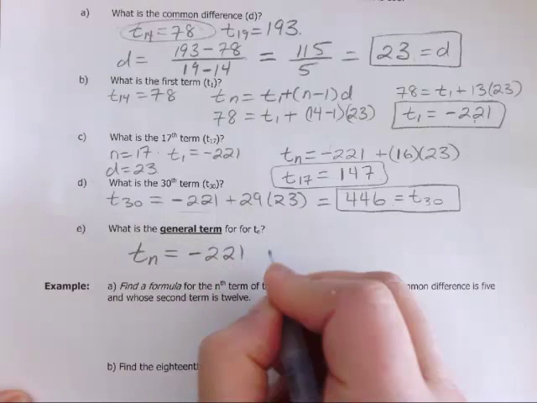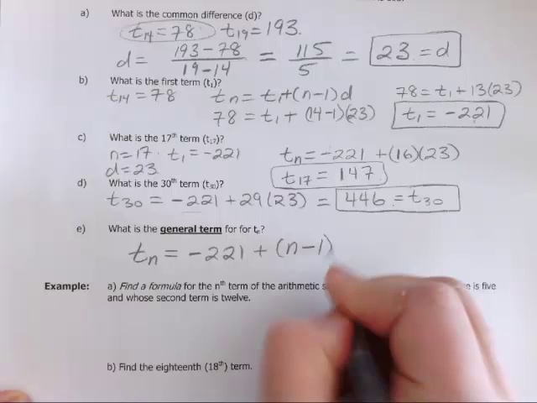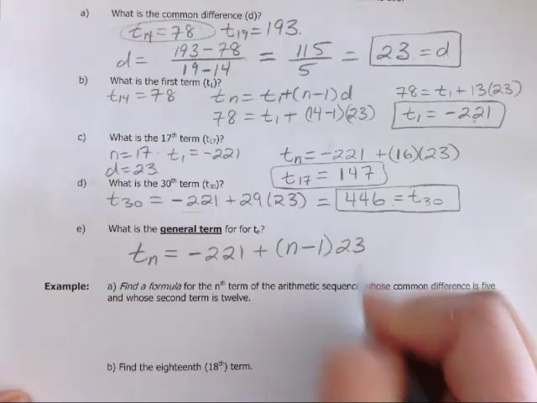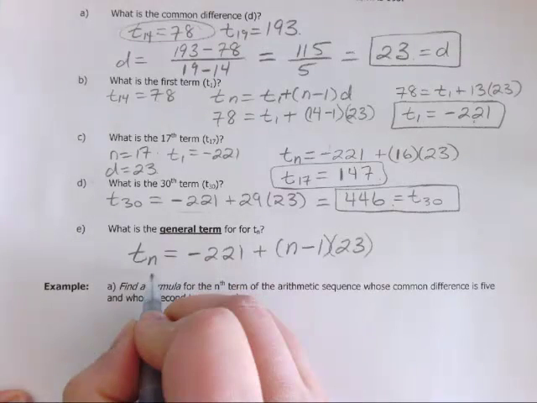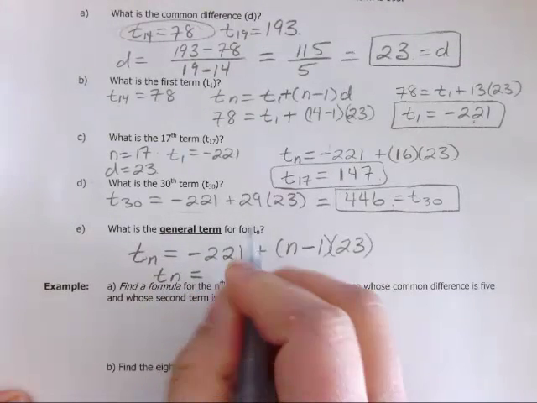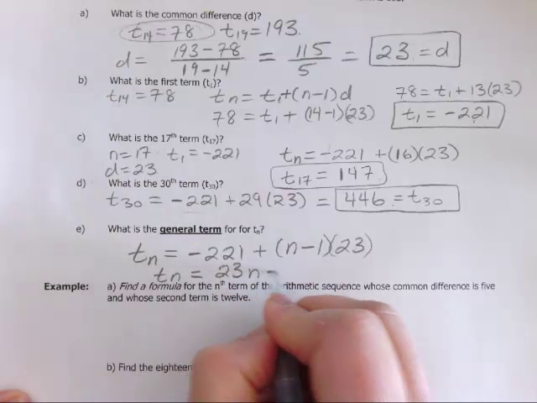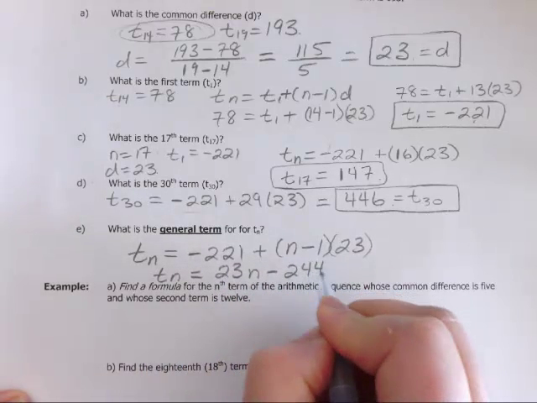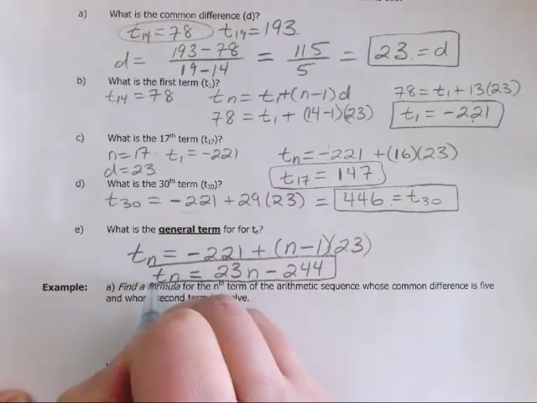So you write that down. And n is what we don't know, but we do know that we have to add 23 to each successive term each time. And we can simplify this. So if you simplify it, 23n minus 244. So this right here is your general term.